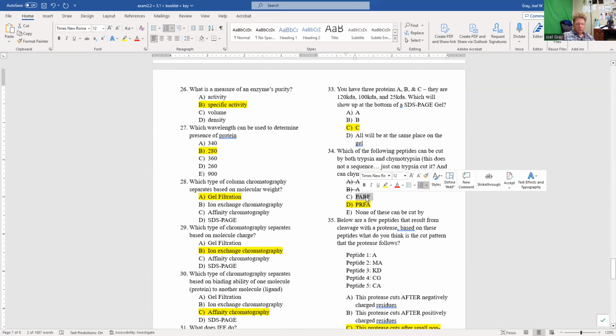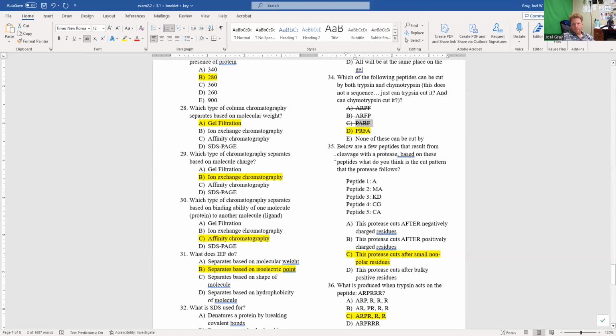Can it cut after the arginine? Yes. Can it cut after the phenylalanine? No, because there's nothing to cut. So C is out. PRFA. If trypsin takes this, it's going to make PR and FA. If chymotrypsin takes it, it's going to give PRF and A. So D is the correct answer for that question.